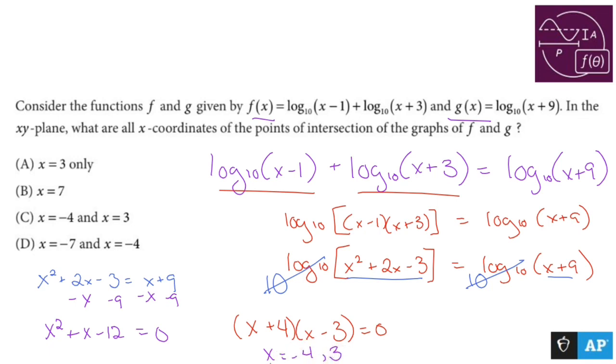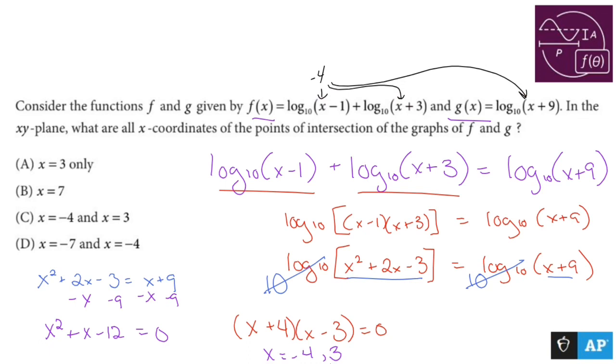Now, before I circle that and pat myself on the back, I have to remember that my original problem wasn't a quadratic, it was a log. So in order to make this work, you can only take the log of positive numbers. If I plug negative 4 into these, will I get the log of a positive number?